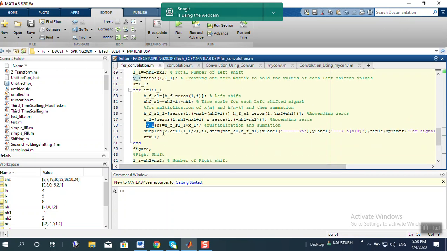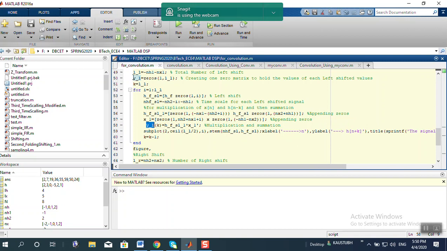Within this loop, since this is for the left shift, the first value will be the last value.